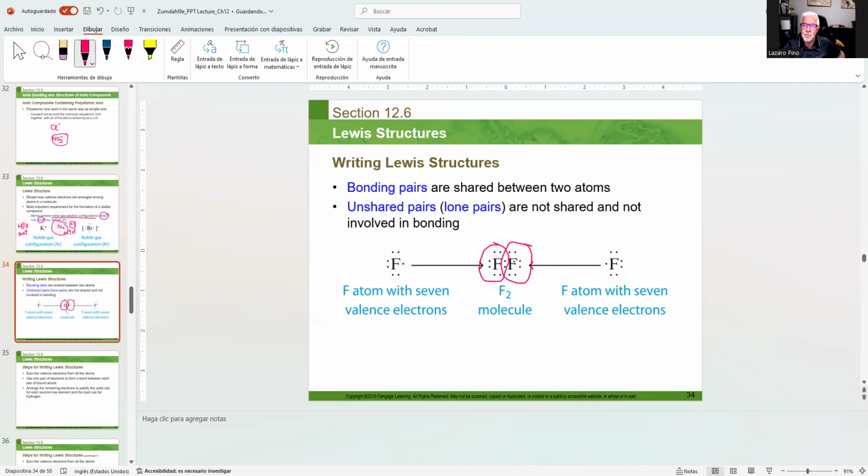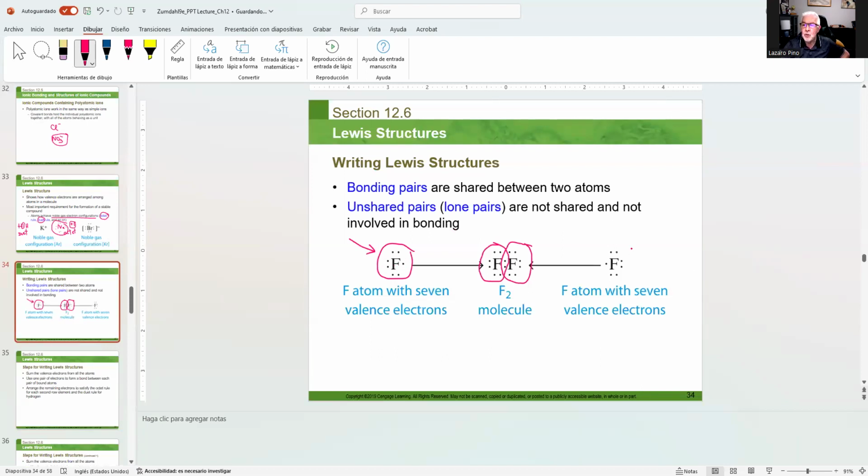Then both make the octet. And the molecule of fluorine is not in the normal way in the form of atoms, because this is not a stable configuration.